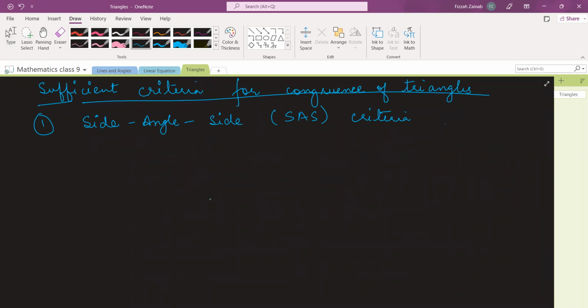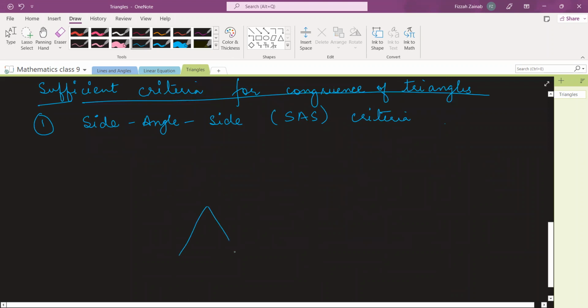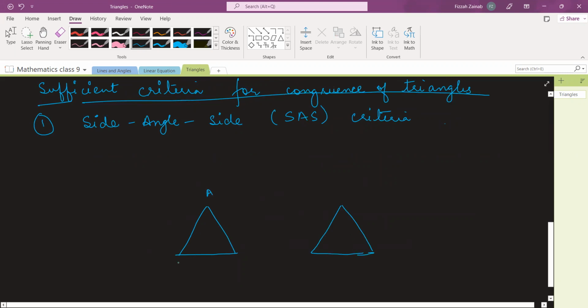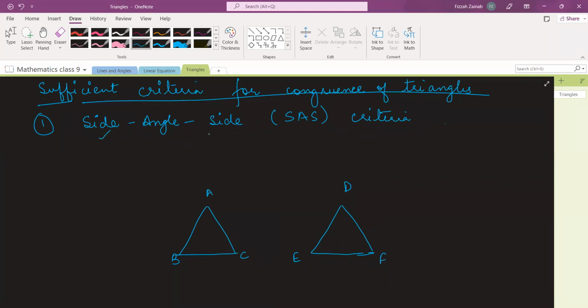It means that if you have two triangles, ABC and let's say DEF, here you can see there are two sides and only one angle. Now there's a condition that if you are taking this side, AB is equal to DE, and the other side is this, AC is equal to DF.